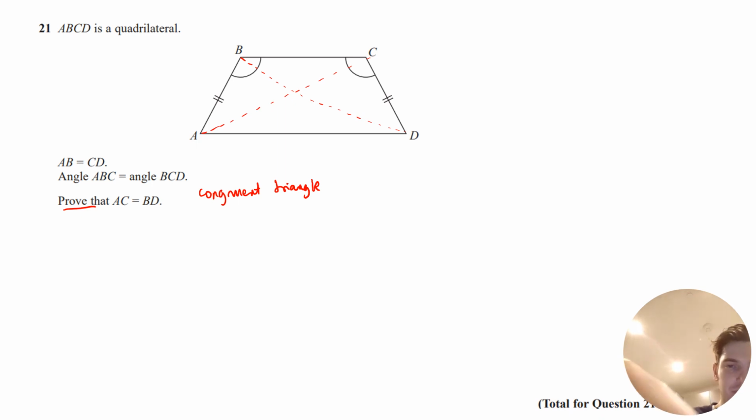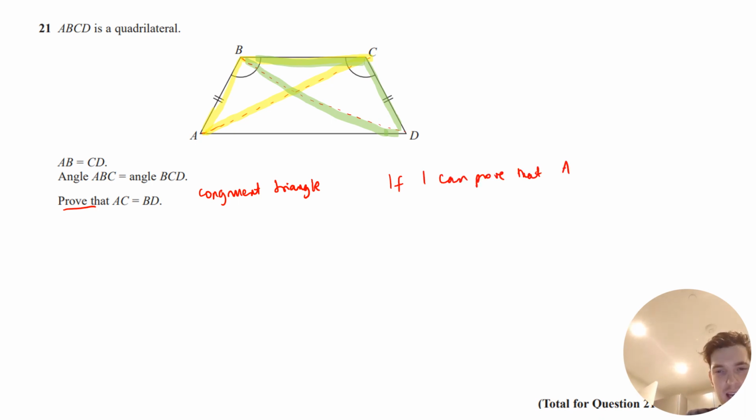So first one is A, B, and C. And then my second one, B, C, D. So I think if I can prove that these two triangles are congruent, so let's just write this down. If I can prove that ABC and BCD are congruent, then it means that those triangles are exactly the same, therefore AC equals BD.